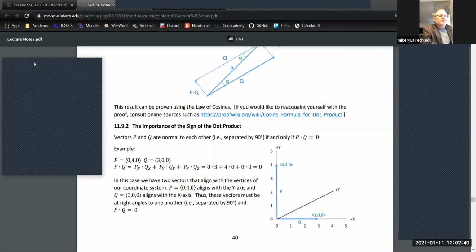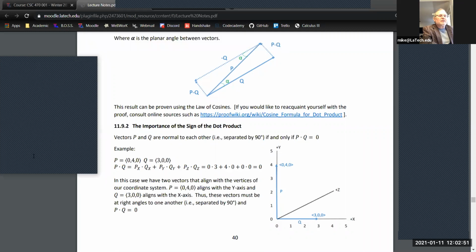That gives you 0. Okay, it worked out as we would expect, because I told you that it's true. So essentially, if two vectors, in this case P and Q, are at right angles to each other, then the dot product of those two vectors will be 0. Okay? Any questions about that?